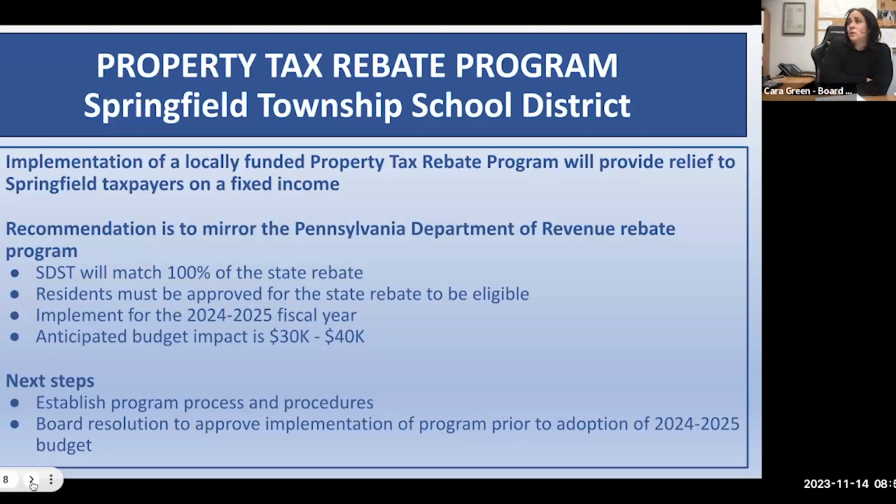That's understood. Our program is a local program, so it doesn't have to match the state. We can take a look at, or you can give direction on, where you think this should land. I think the tough part is, what is the income level?